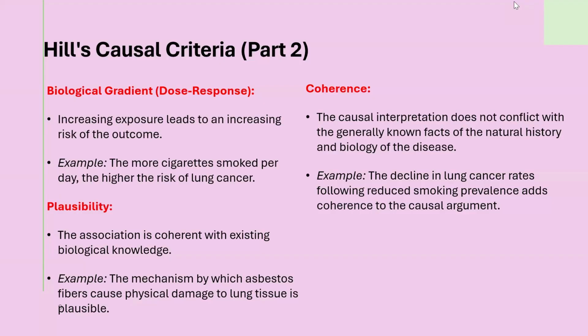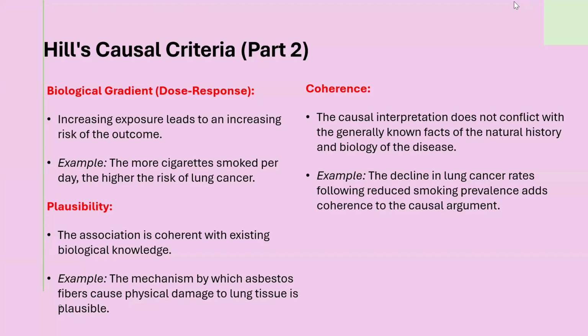So we cannot generally know that Plasmodium falciparum causes malaria, and then you bring up another conflicting relationship to that. The causal interpretation should not conflict with the general known facts of the natural history and biology of disease.